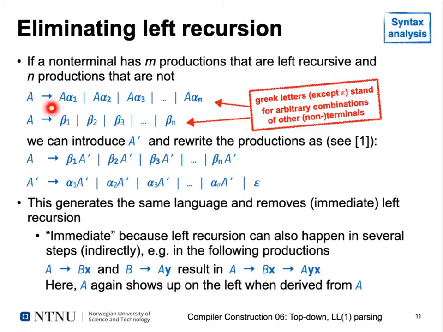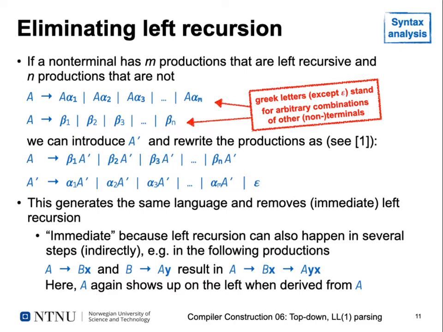This means we always have a recursive A at the beginning and then just some other combinations of terminal and non-terminal symbols after this initial non-terminal symbol A. And we can have some other productions for A that derive to something else, which has something other than a non-terminal symbol A at the beginning. We just call them beta 1 to beta n.